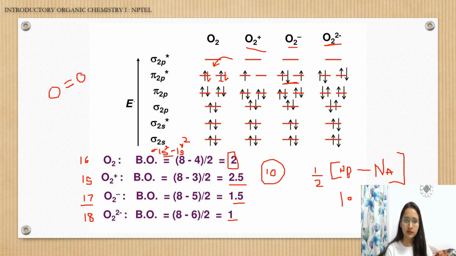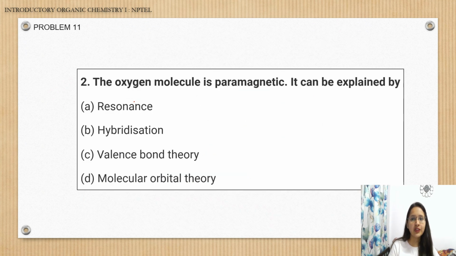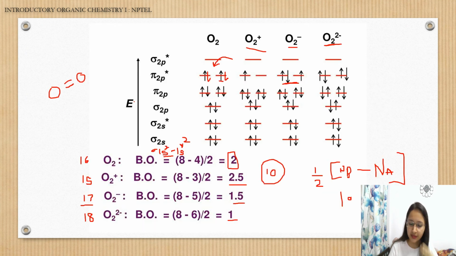Any query in assigning the electronic configuration and assigning the bond order? Any questions? Okay. So I'm moving forward to the problem. Yes, yes.